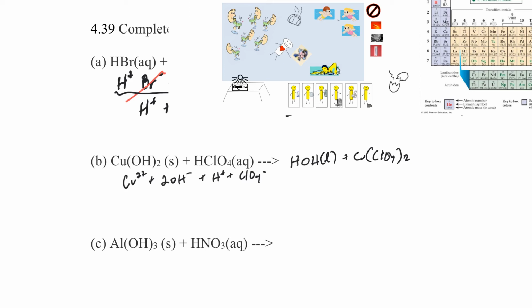All right, so that means on this side I have water, which is a liquid, and I have copper ions and 2 chlorate ions.